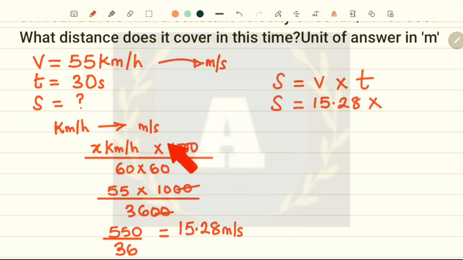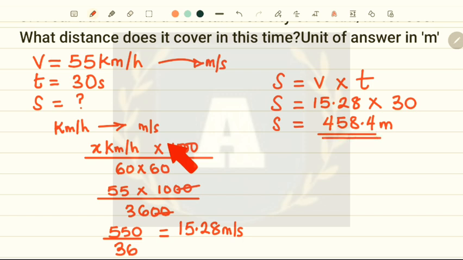The time is 30 seconds. When you multiply 15.28 by 30, what you will have as your answer is 458.4 meters as the distance covered during the 30 seconds.